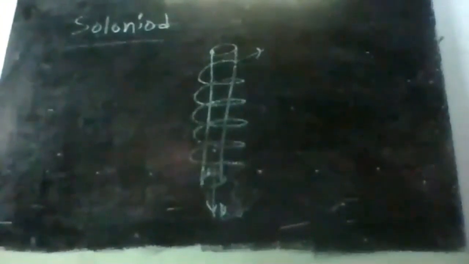It is a cylindrical or rectangular structure over which we wound coils. This coil is sealed with insulating material, and inside the conductor there will be no magnetic field. Magnetic field will be produced only on the outside surface.